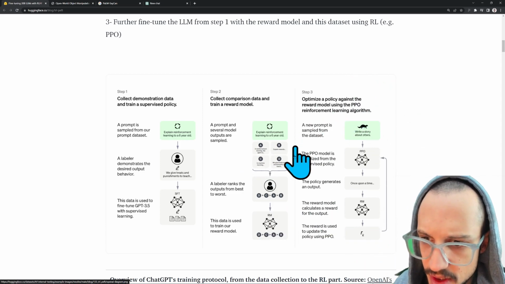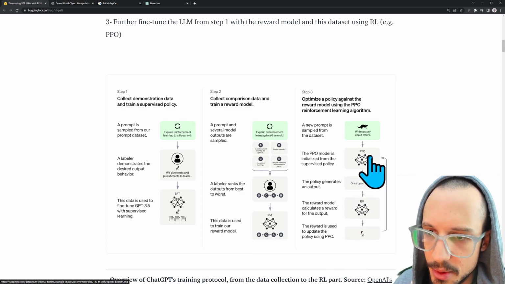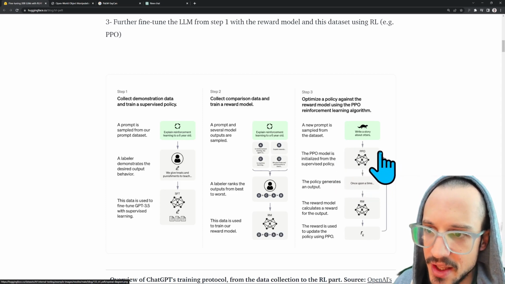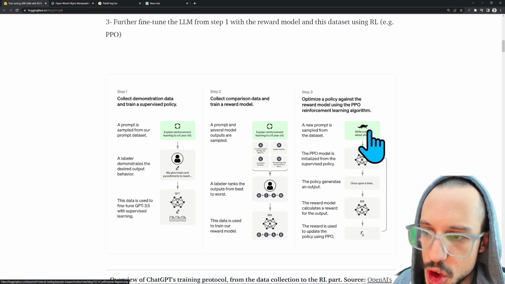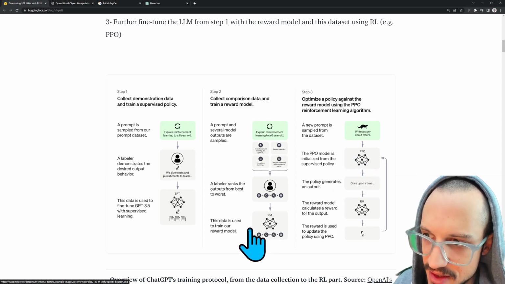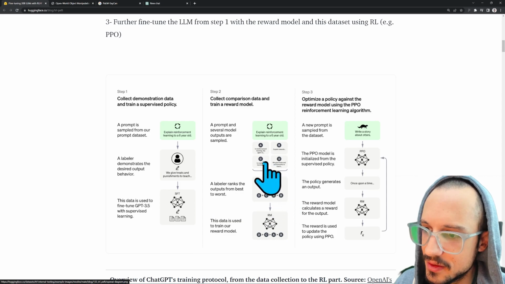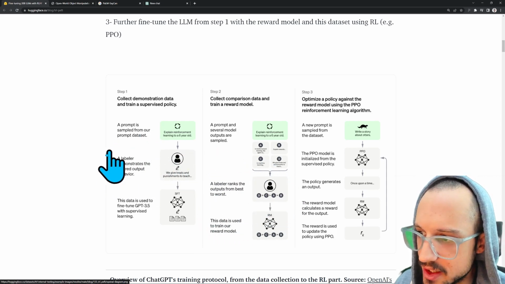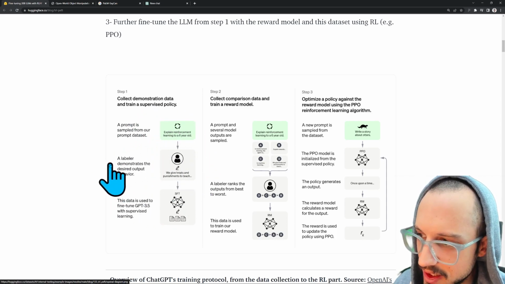And then you just keep doing this over and over again, and you're going to be able to train this PPO model that will be able to choose the best answer out of a bunch of different answers, where best is defined by the distribution of answers that these labelers have created, right? So every time the labeler is creating a supervised datum here, right? So they're saying, hey, this is the prompt, this is what the answer should be.